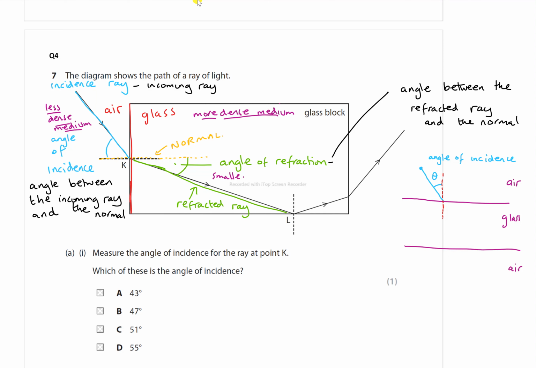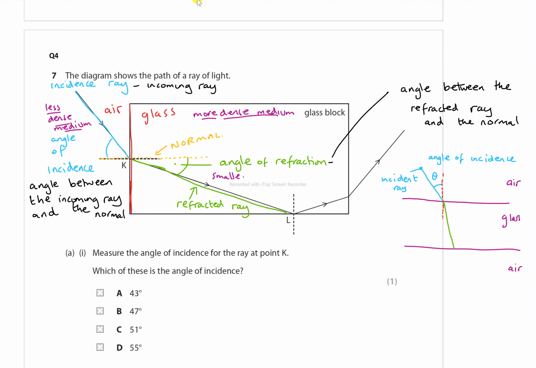This here is the incidence. What is that called? Incident ray. Right, okay, I'm going to change color. So now it's going to bend there.